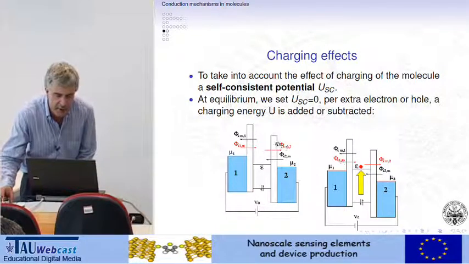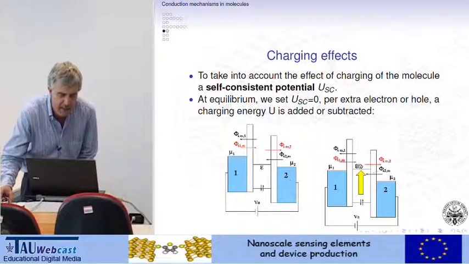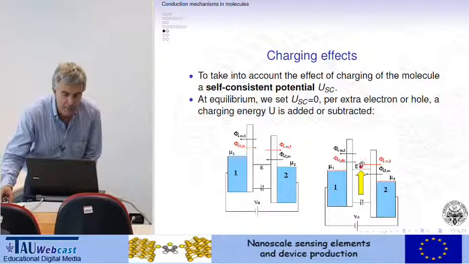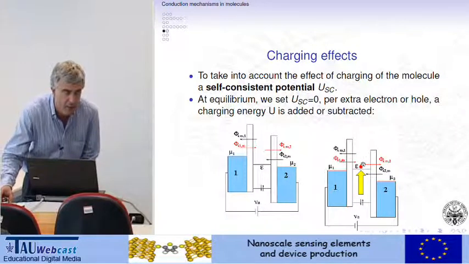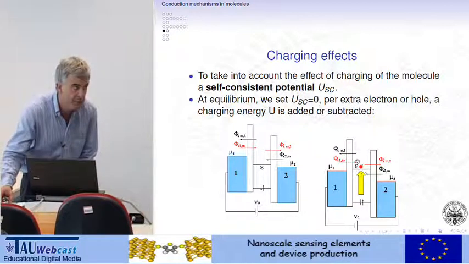In other words, the level will be translated from this position to this one. But if the position of the level is this one, the current is completely different. And if the current is completely different, probably the number of electrons on that level will be different.